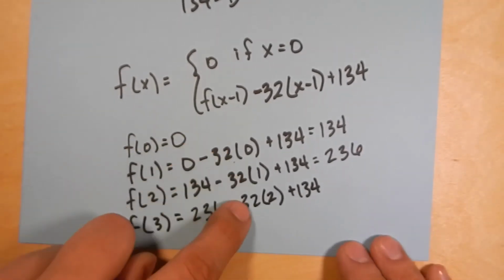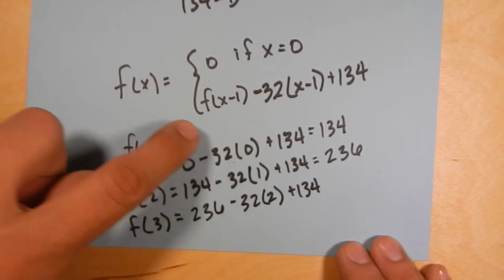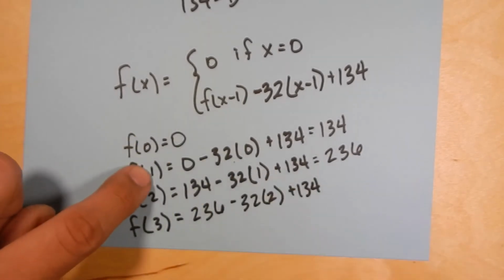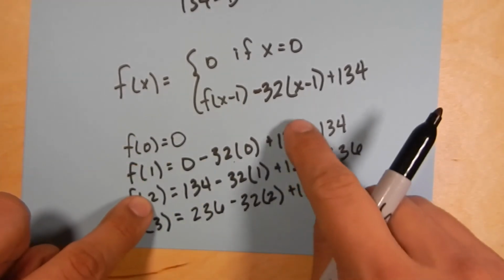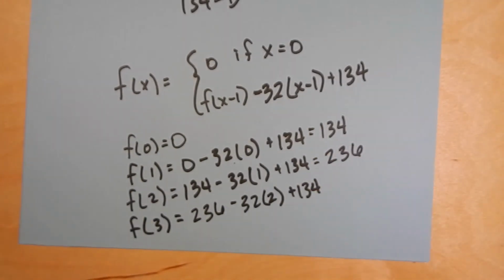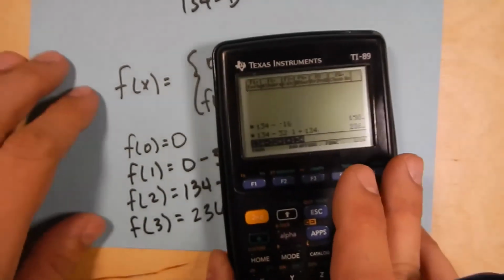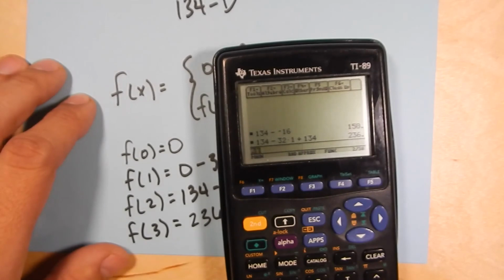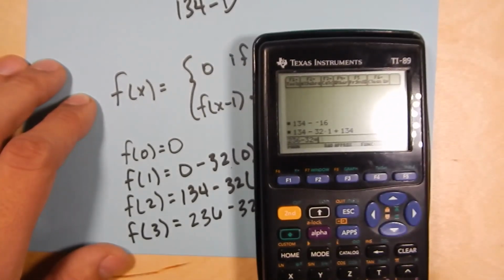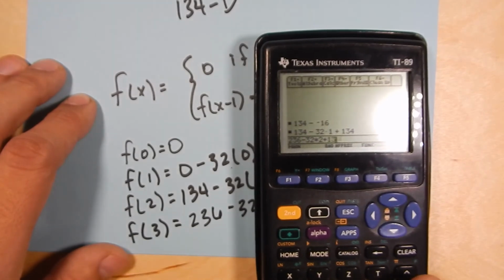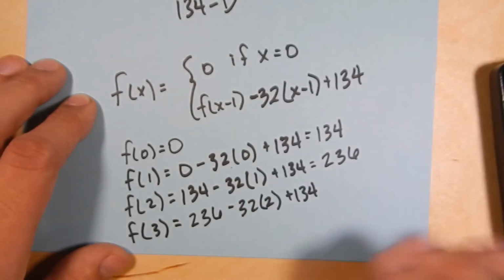But the minus 32s are always there. This was 0, that came from there, 1 came from there, 2 came from there, and then the 134s are all the same. Okay, so we got to do a little bit of calculating. So 236 minus 32 times 2 plus 134. That is 306.